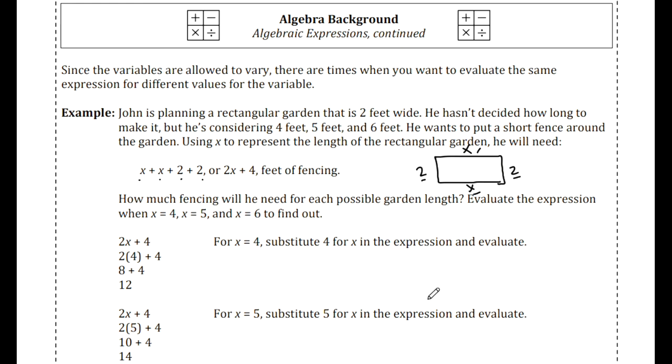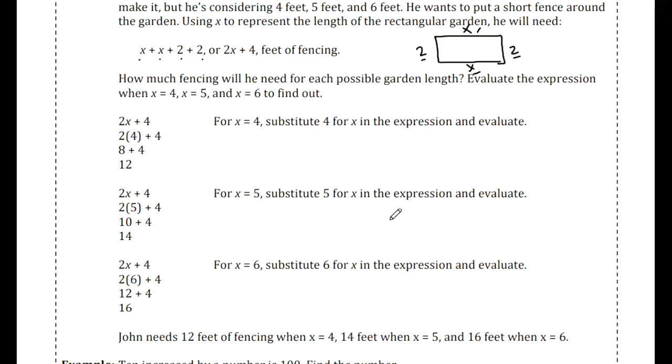So we can take our expression and see what the 3 different scenarios require, right? So the expression is 2x plus 4. So if he decides on 4 feet for the length, we'll put 4 in for x. So we go 2 times 4 plus 4, that's 8 plus 4, that's 12.